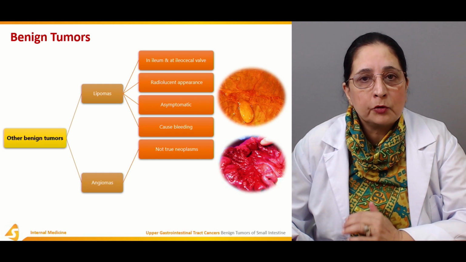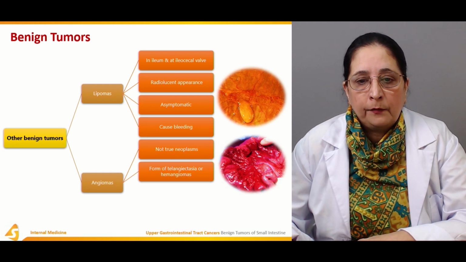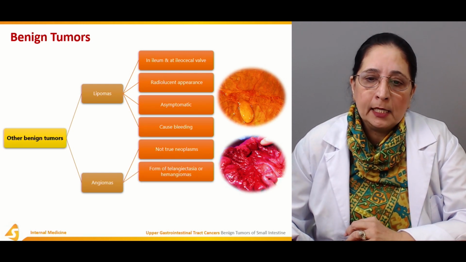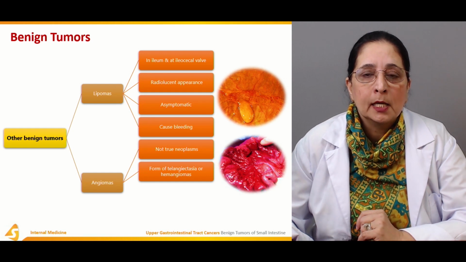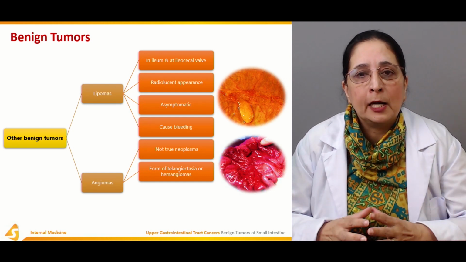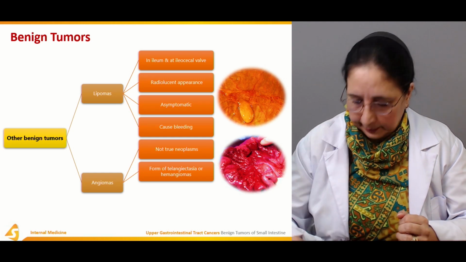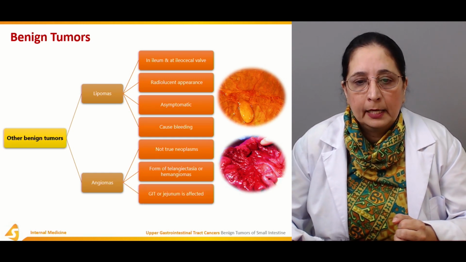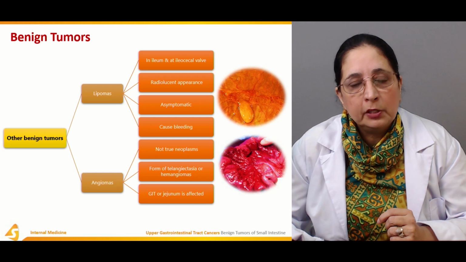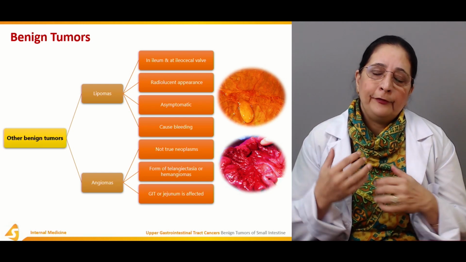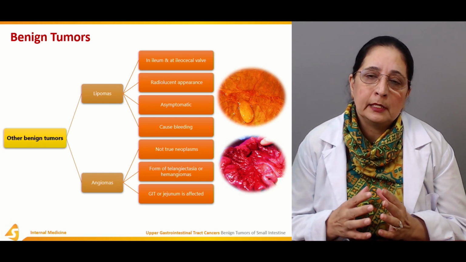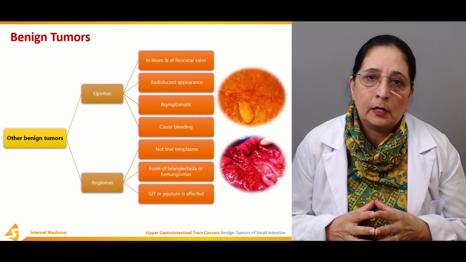Another type of benign tumor is angiomas. They are not true neoplasms, but a form of telangiectasia or hemangiomas that develop from the blood vessels and capillaries. The jejunum is affected. So different types of benign tumors affect different parts of the small intestine.